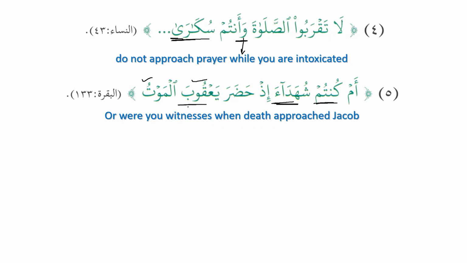If we pay a little more attention, we can see that hadara is the verb. Hadara al-mautu Yaquba, right? So hadara is the verb, al-mautu is the fa'il, and Yaqub alayhi salam is maf'ul bihi. But the maf'ul bihi has come ahead of the fa'il, just to emphasize that death came to Yaqub alayhi salam. So it is taqdeemu maf'ul bihi ala fa'il.